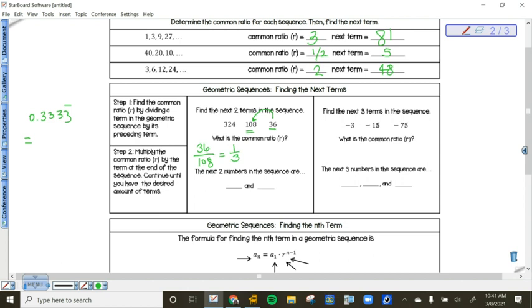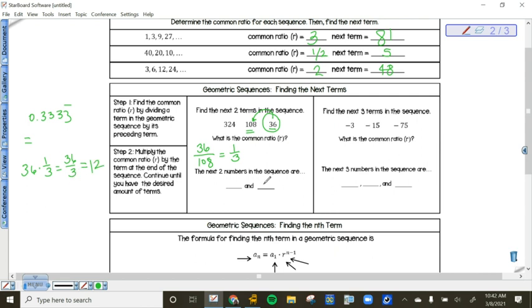1 over 3. So that means to find the next two numbers in my sequence, I multiply 1/3 times 36. So 36 times 1/3. That's the same thing as 36 over 3, which is, anybody? 36 divided into 3 parts. 12.